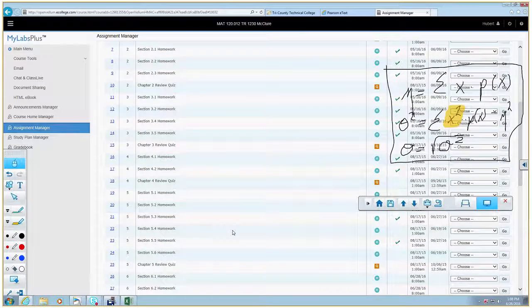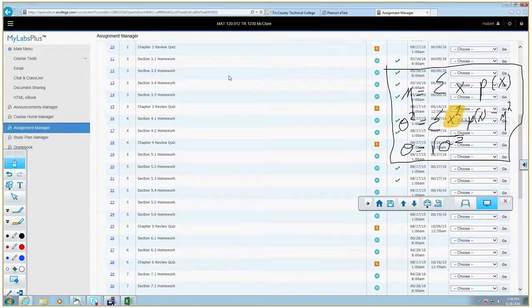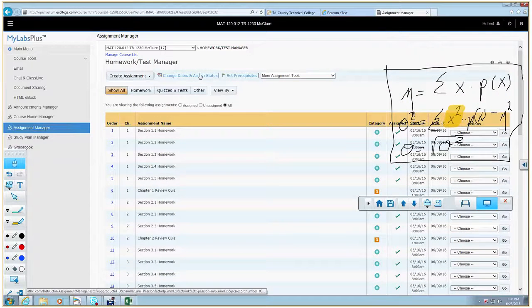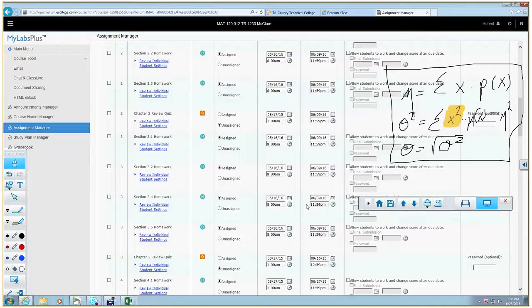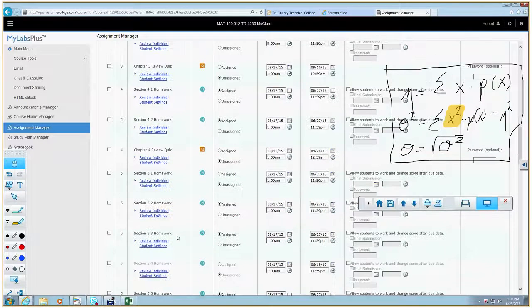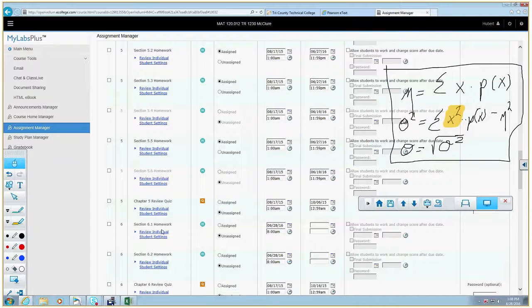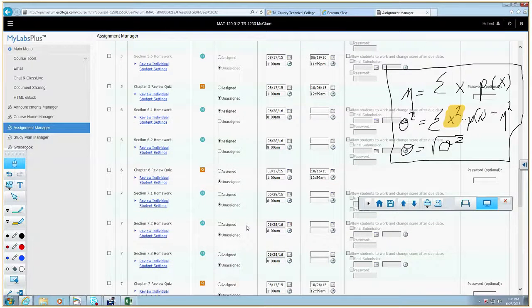Oh, I know what's wrong. It hadn't been assigned. Sorry. Assign, assign, assign, assign.